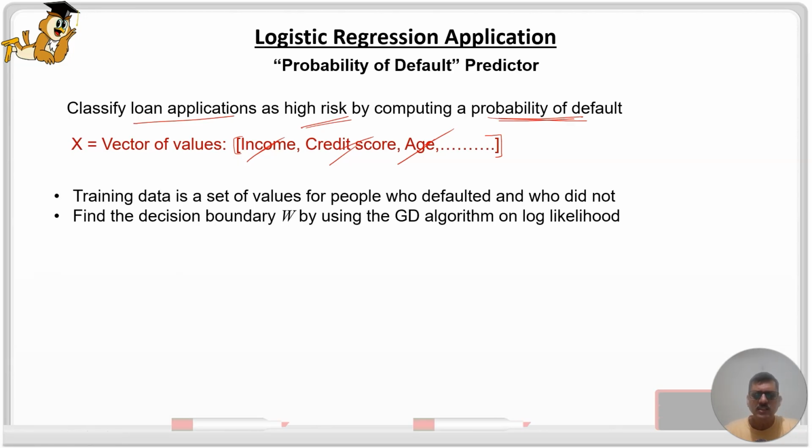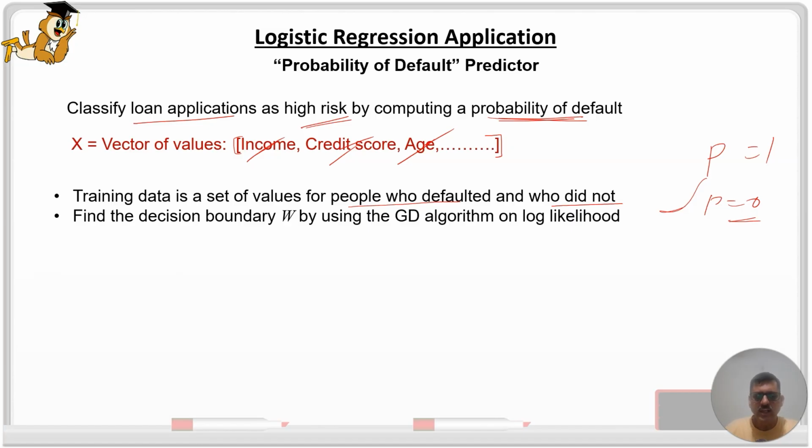Training data is the set of values for people who have defaulted and who did not default. If you are finding the probability of default, then p equal to 1 would indicate a very bad loan. P equal to 0 would indicate a very good loan, 0 probability of default. And then you want to find out where in between these two extremes a given person lies.